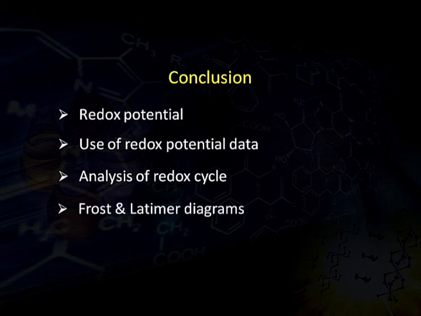We have discussed the construction of the Latimer diagram, where the values of the standard electrode potential have been utilized for the stability, reactivity and disproportionation of the species, and we have discussed the beginning of the Frost diagram on the basis of these values of electrode potential and how the changes can be seen if you shift from the Latimer to the Frost diagram.